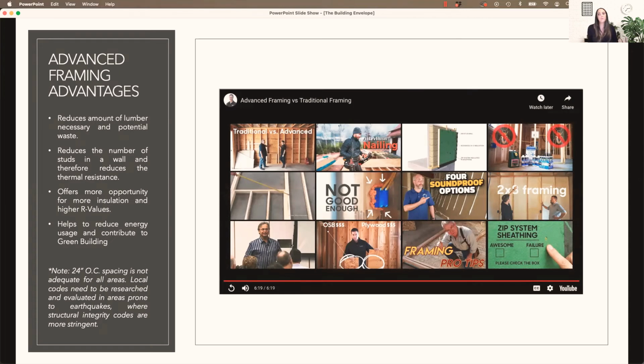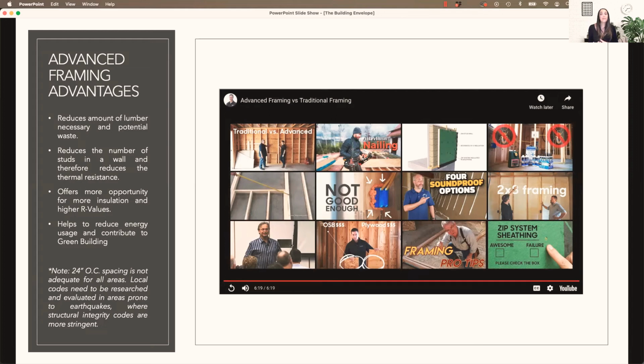It can also give you those higher R values that you need to achieve. And it's more energy and green conscious. You're using less lumber, and you're able, again, to add more of that insulation in that California framing corner.